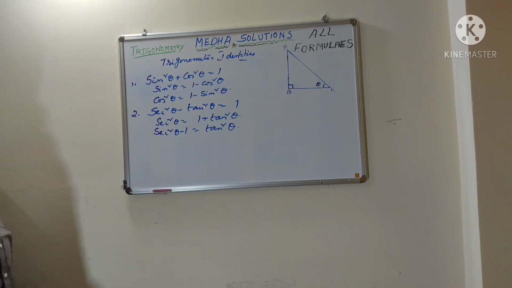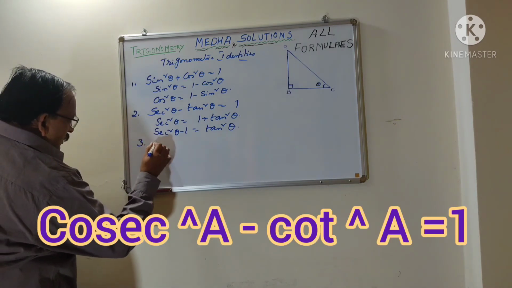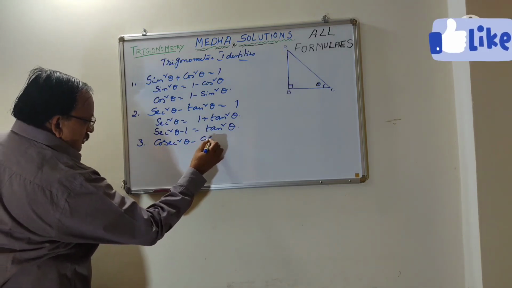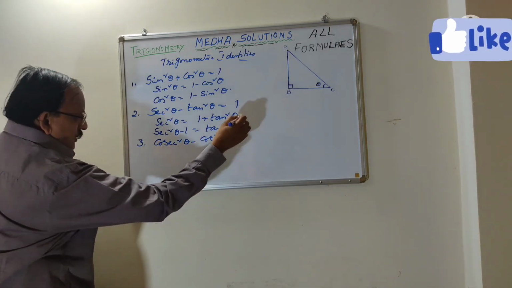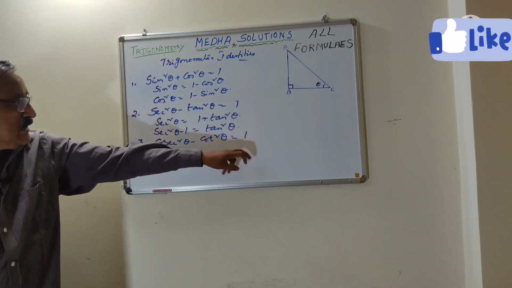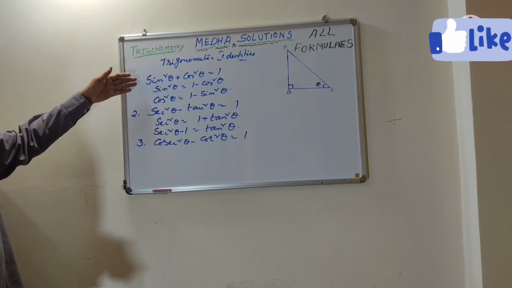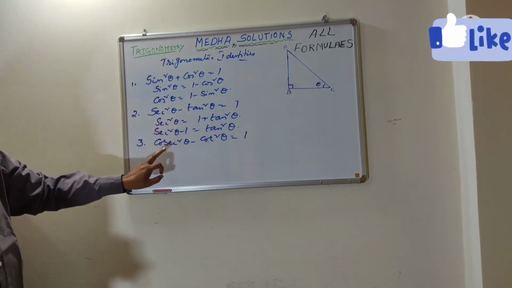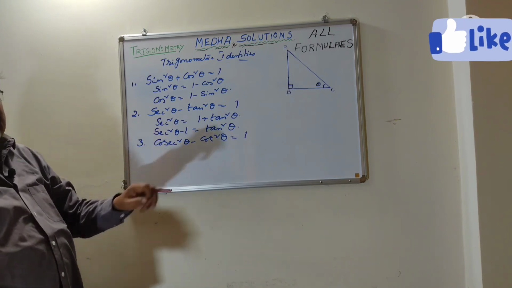Now the third identity, cosec square theta minus cot square theta is equal to 1. Why I am remembering 1 means a uniform remembrance will be there: sin square theta plus cos square theta, sec square theta minus tan square theta, right? Likewise cosec square theta minus cot square theta.